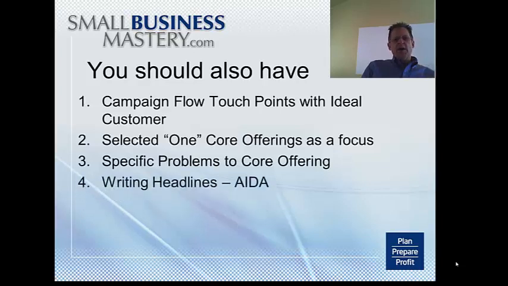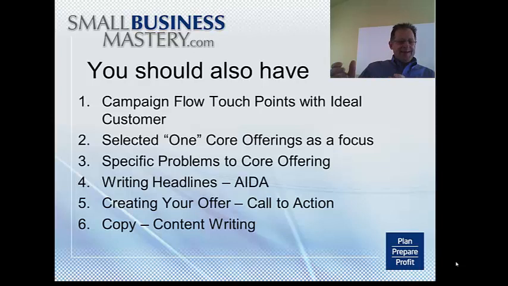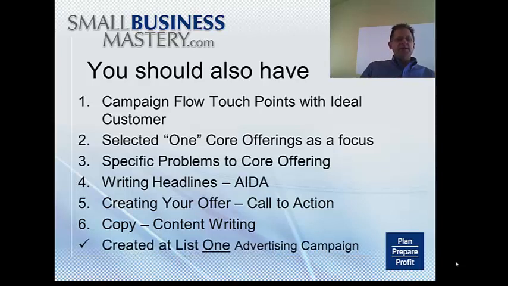You wrote headlines using the AIDA formula, that's attention, interest, desire, and action. And then from there we went on to creating the offer, and creating the offer had a call to action. We then did some content writing for the individual ad campaign, and that got us through creating at least one advertising campaign in Module 2.